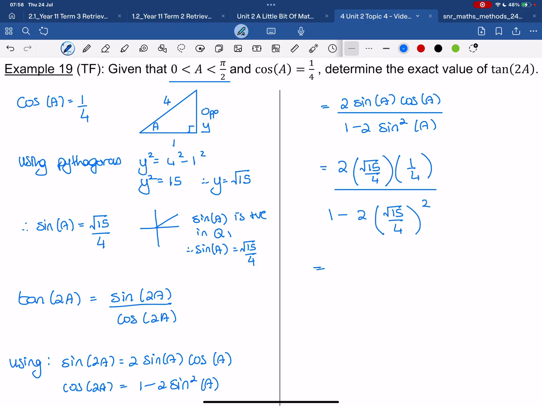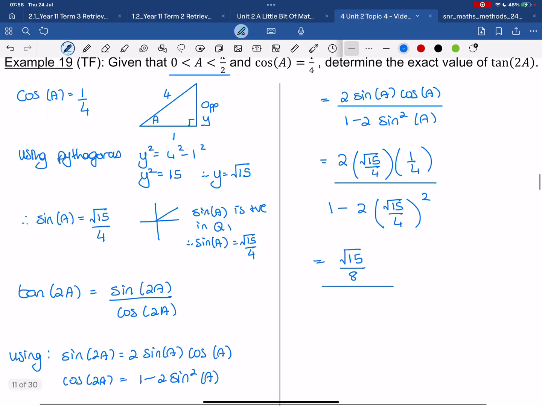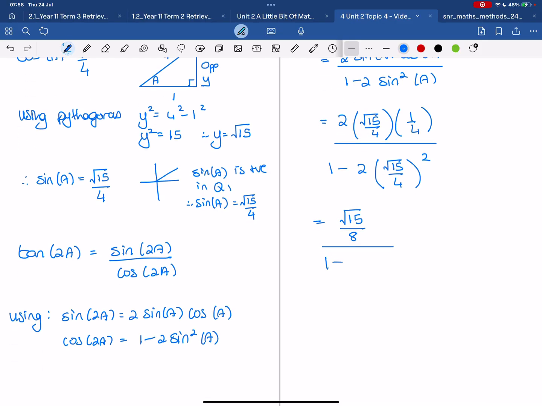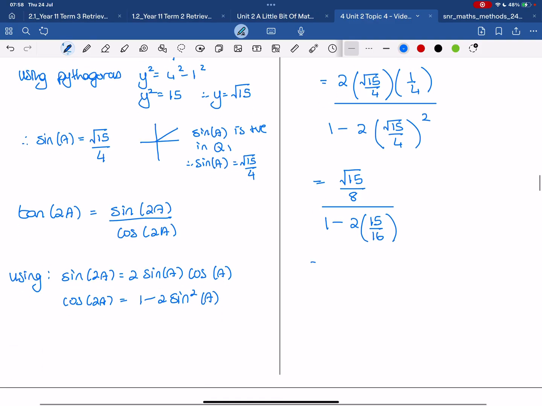And I can simplify that to root 15 over 8 over 1 minus, and maybe we'll do this in 2 steps, 2 times 15 over 16. So that becomes root 15 over 8 over, well, 1 minus 15 over 8 is going to be 8 over 8 minus 15 over 8, which is negative 7 over 8.